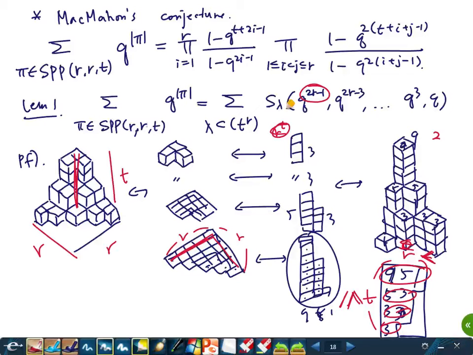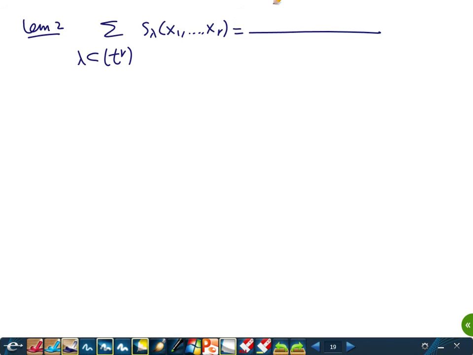So anyway, this can be written in terms of the sum of Schur functions. Okay. And finally, we need to evaluate this. There is the second lemma, Lemma 2. This proof is quite long. It is described in the textbook, and you need to read the textbook and do the homework for 2 weeks.